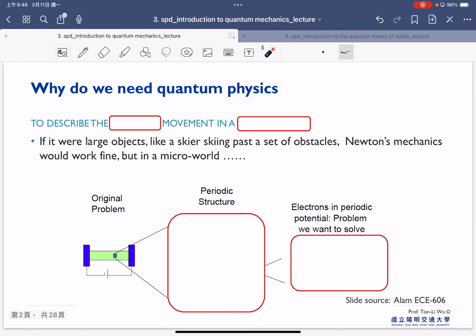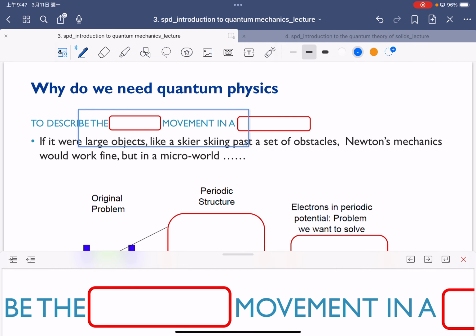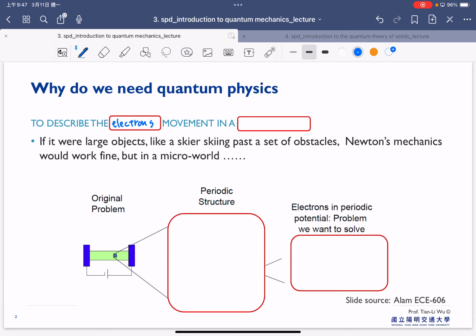Then for sure we start to move further, to why these things can happen in the semiconductor world, not in our general living life here. So first of all, why do we need quantum physics? This is because we want to describe the electrons' movement in a micro world.